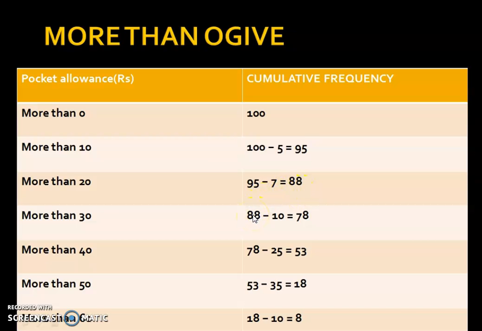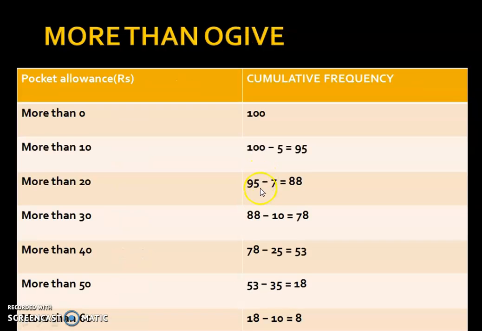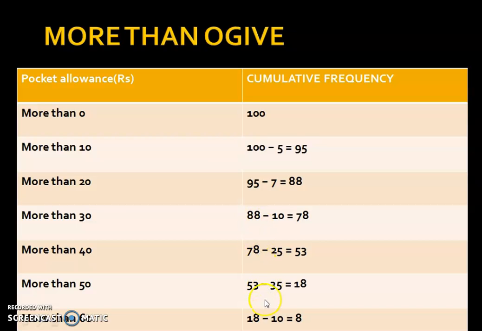The next frequency, how will we get it? 88 minus the frequency of the preceding class, this one, 10. So 88 minus 10 is 78. Then 78 minus 25, the frequency of the preceding class. This is how we calculate the cumulative frequency in case of more than ogive.